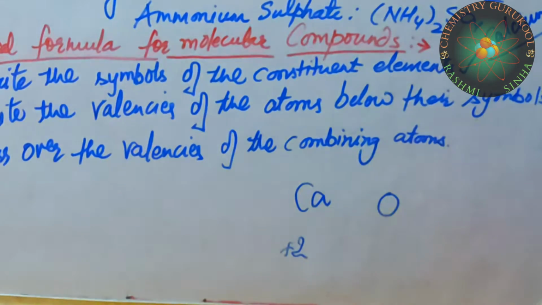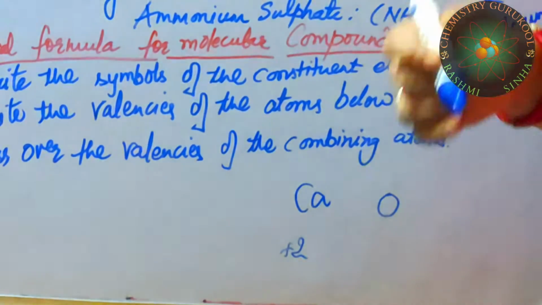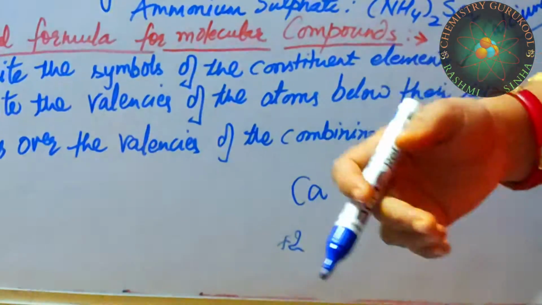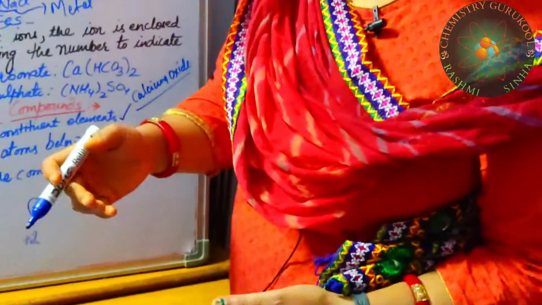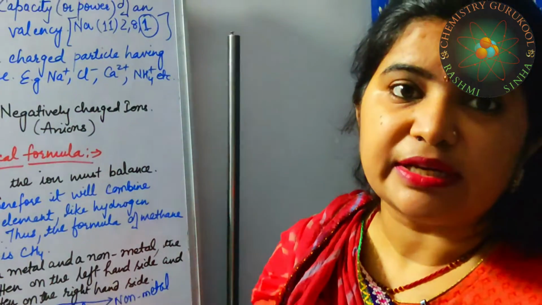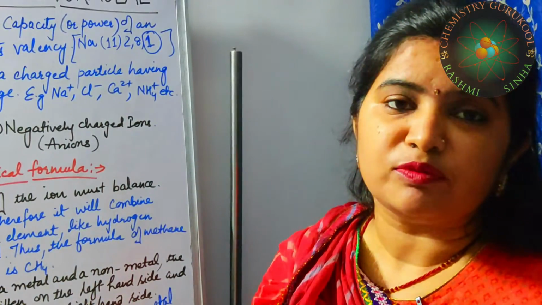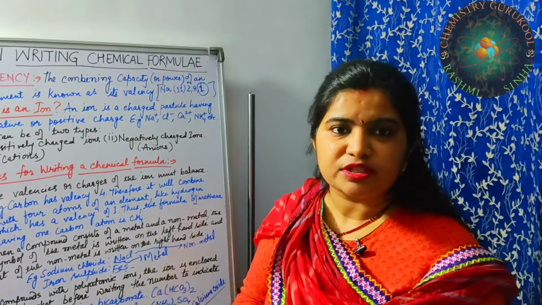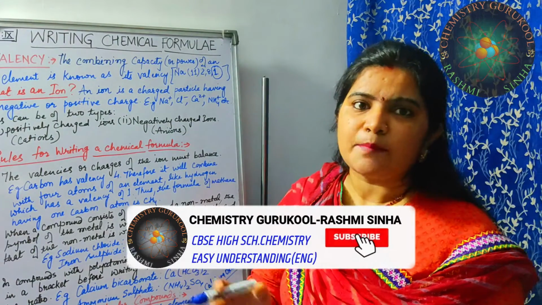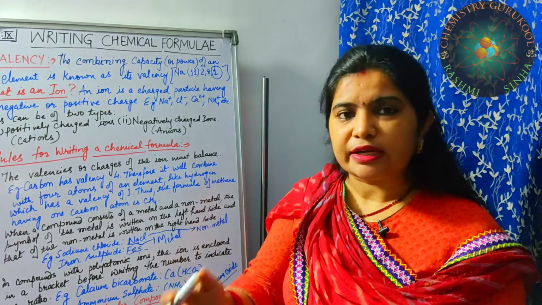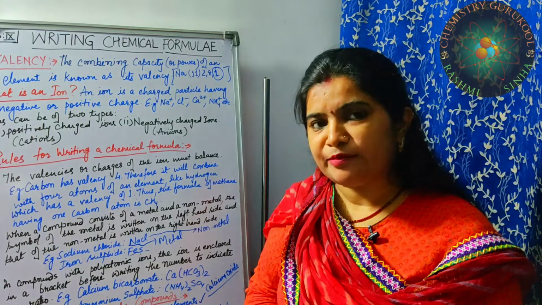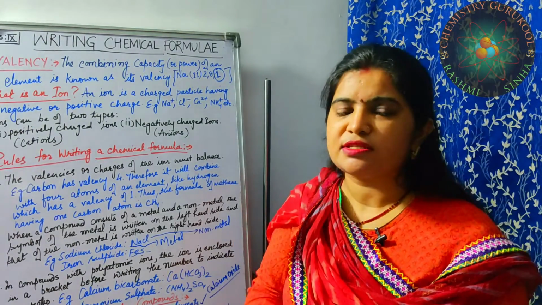Children, always remember that metals have a tendency to lose electrons. Here calcium is a metal, so it has a tendency to lose electrons. In chemistry, whenever an electron has been lost, always remember you have to put the sign plus. Whenever an electron is gained by an element, you will always put a minus charge.